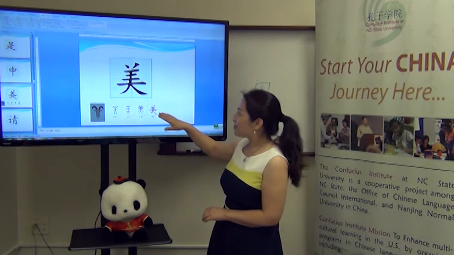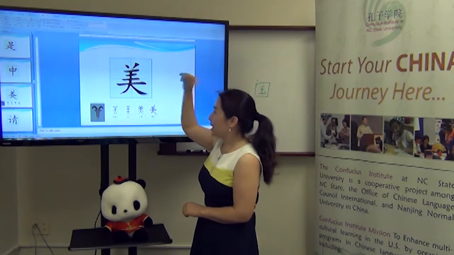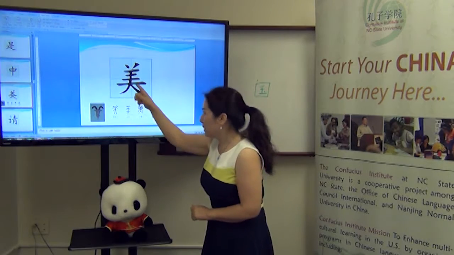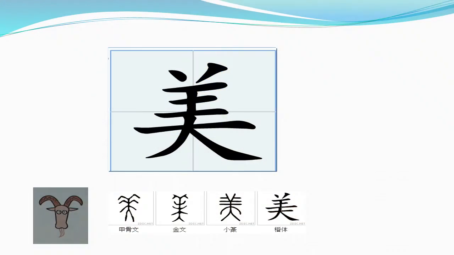So that's why we have the sheep in the upper part and the pig in the lower part. So this is not one stroke, it's two separate strokes.